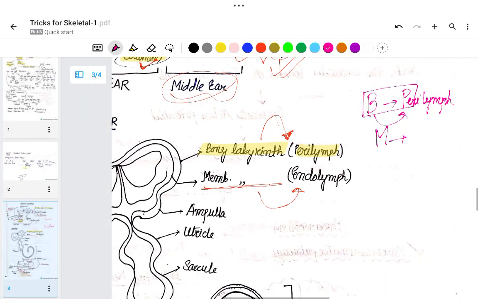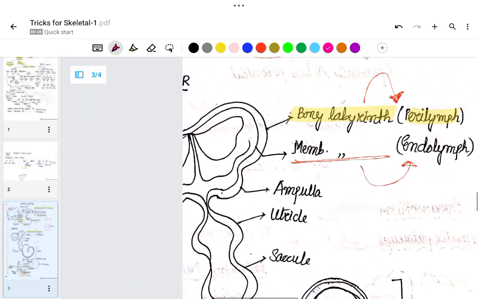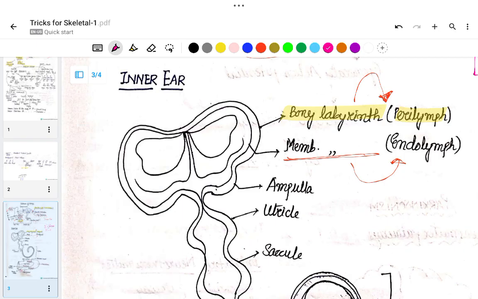MEBP. In this diagram, the outer part is the bony labyrinth, and inner to the bony labyrinth is the membranous labyrinth.